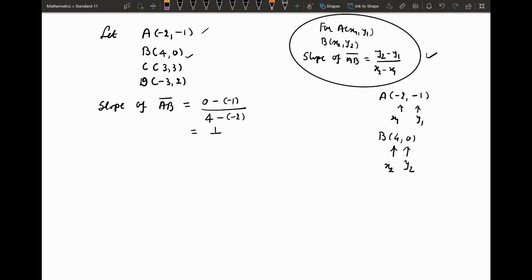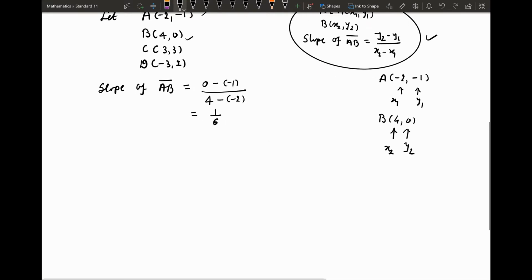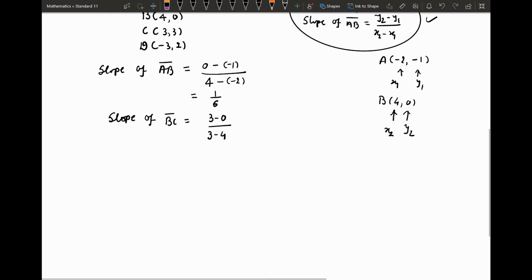So it is 1 by 6. Similarly, slope of line segment BC: coordinates of B as x1 comma y1, coordinates of C as x2 comma y2, 3 minus 0 upon 3 minus 4. So simplification is minus 1.